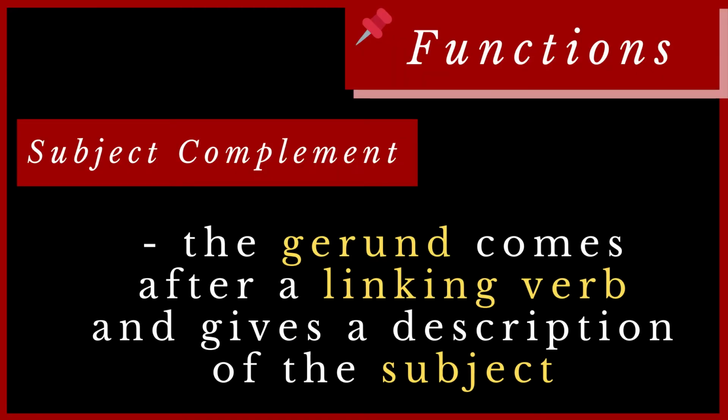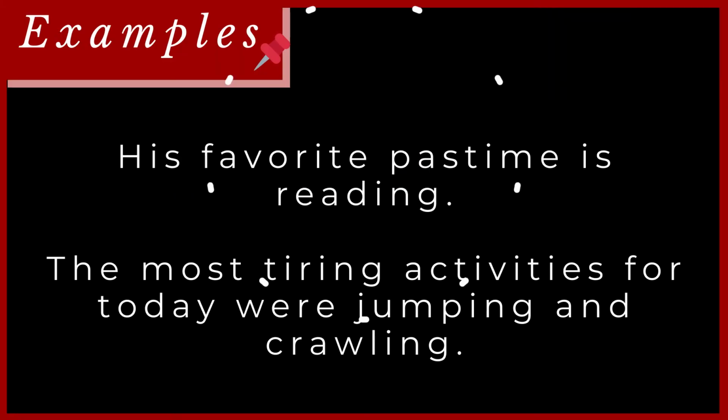Fourth, as subject complement, where the gerund comes after a linking verb and gives a description of the subject. For example, his favorite pastime is reading. The most tiring activities for today were jumping and crawling.